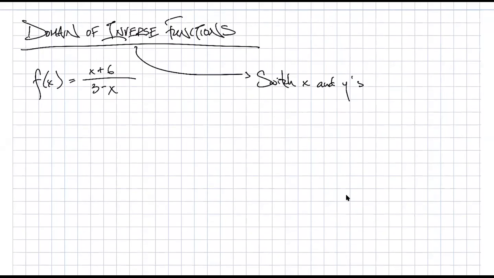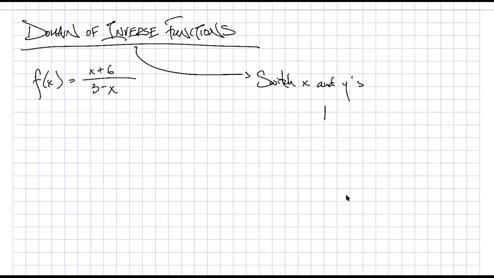That was the foundation of what we did to get an inverse function. And when we're switching x's and y's, we're really thinking about reflecting it over the line y equals x, okay? But in order to reflect a point, there has to be a point there to reflect.